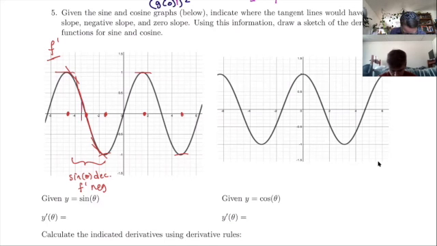Now, if I actually try to sketch, I don't know if I picked good points here, but what do we have? 1, 2, 3, 4, 5, 6, 7, 8, 9 boxes. I don't think I picked very good points. Let me clean this up just a little bit. What is the approximate slope right there? What do you think the slope is?